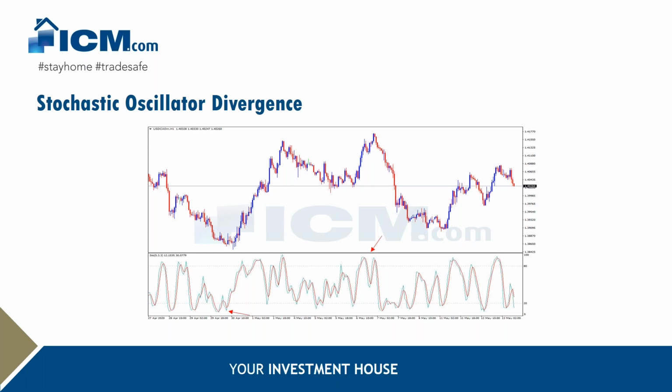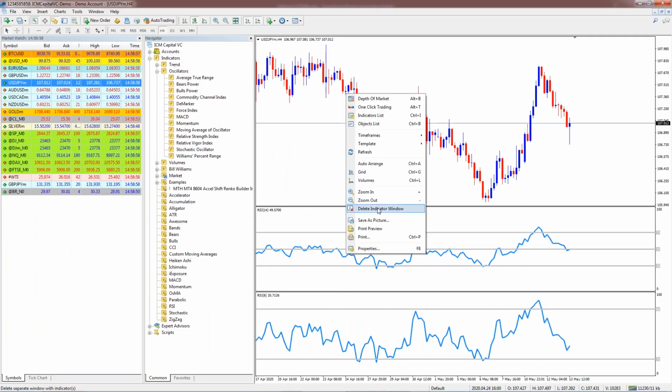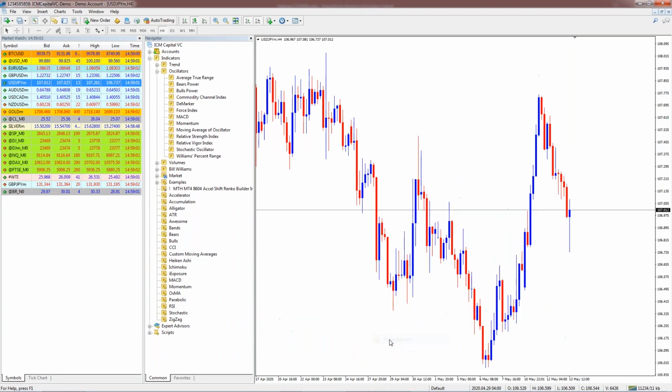So let's see, with this information, I'll show you a couple of examples on the MT4 platform, where I'm going to give you the latest information. Let's take EUR/USD on the 4-hour chart.